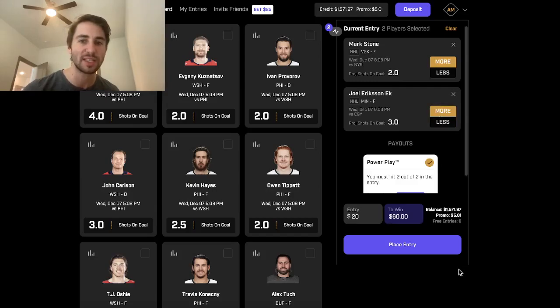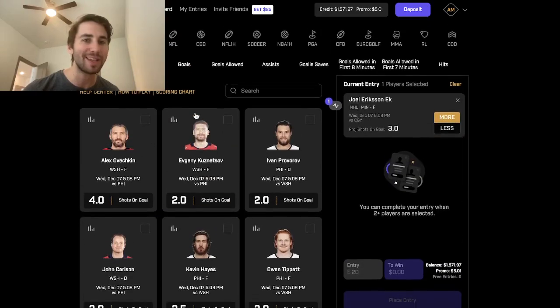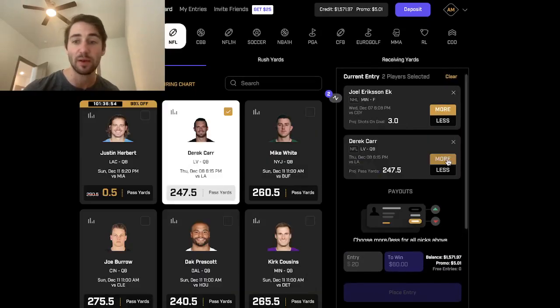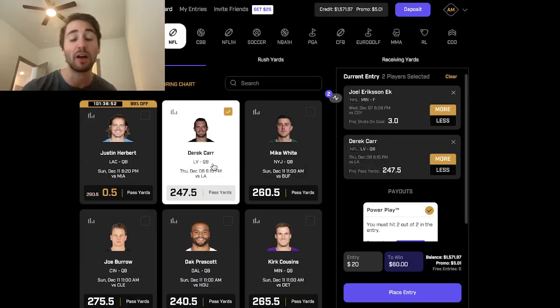Doesn't matter if I switch this to an over, this to an under, 20 to win 60. Doesn't matter if I replace this NHL pick with an NBA or an NFL player prop. 20 to win 60. So basically, it's a fixed parlay platform, right? They're not varying your payouts depending on if you select over or under or what picks you select.